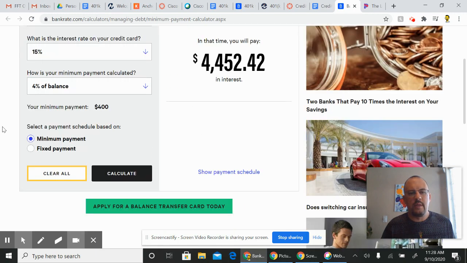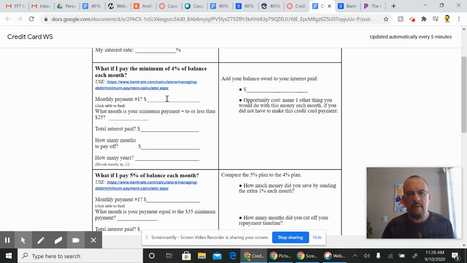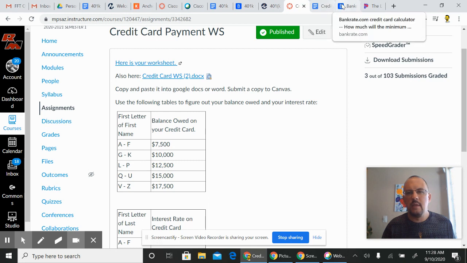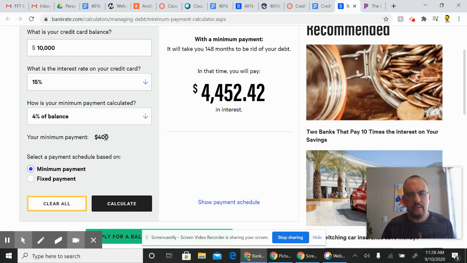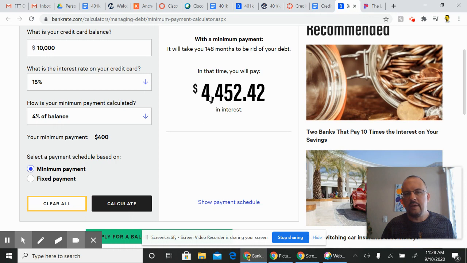When I click calculate, it tells me the answers to these questions. So what is my monthly payment? Number one, my first monthly payment, that's going to be $400. That's my first payment on this credit card in this scenario. Total interest paid, $4,452, that big number right there.